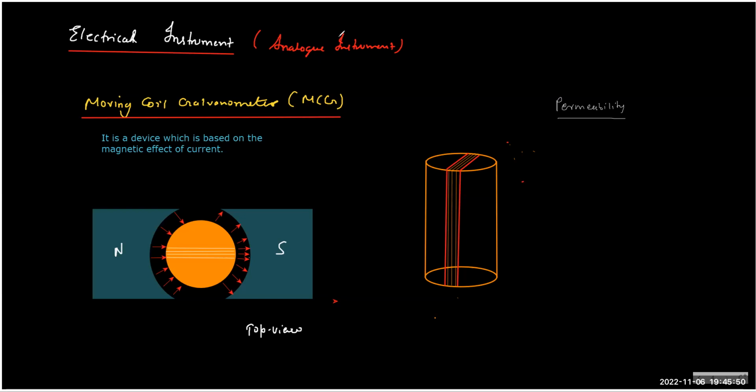So this iron core will be attached to a spindle. A spindle is basically a slightly thicker rod, slightly, not much, and it is attached somewhere here.